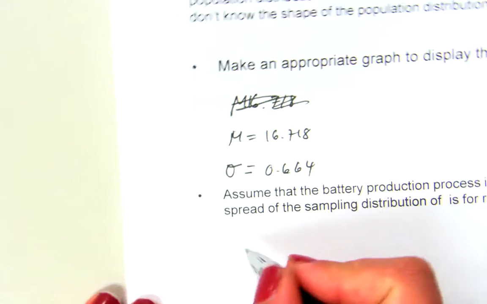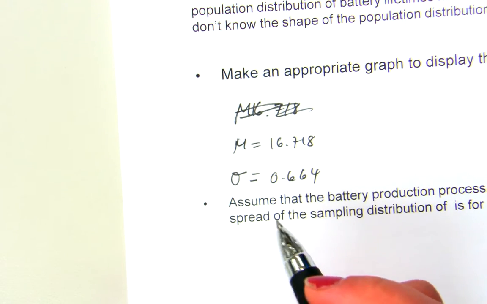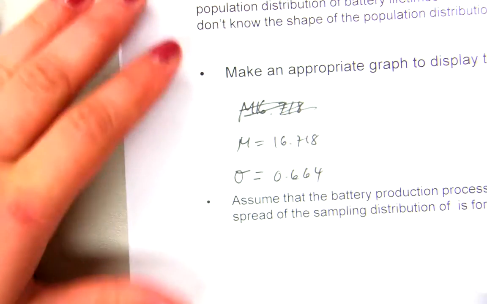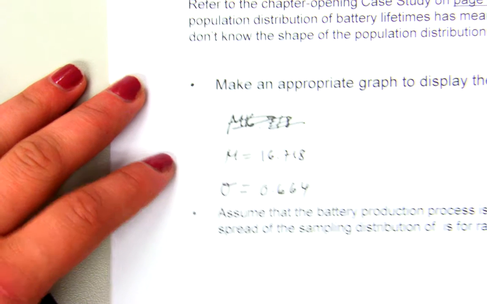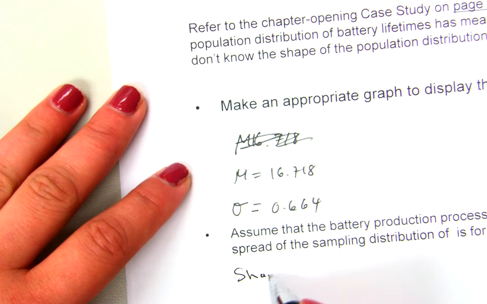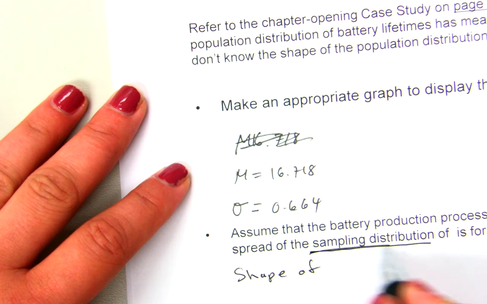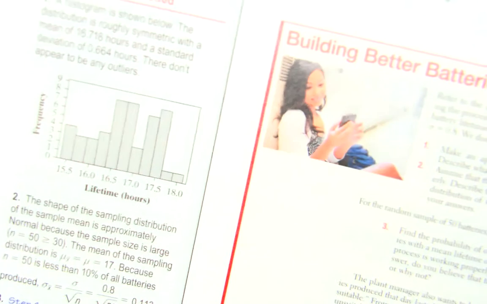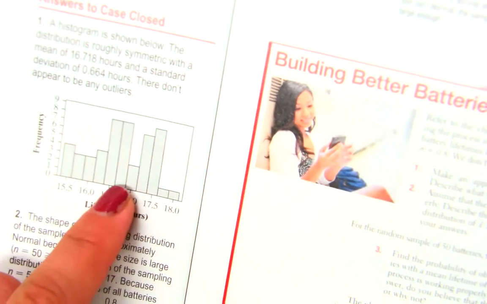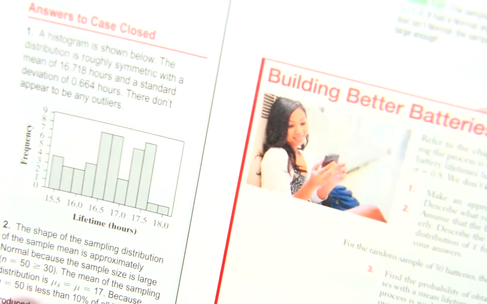So the shape, what do we have? Is approximately normal. Okay. Shape of sampling distribution, right? Not the sample distribution, because this right here is not really normal. Okay, that's just your histogram.